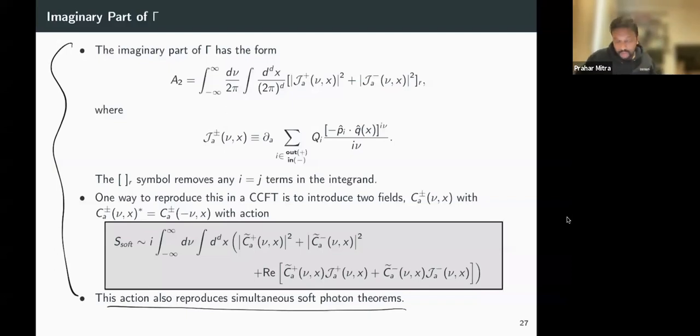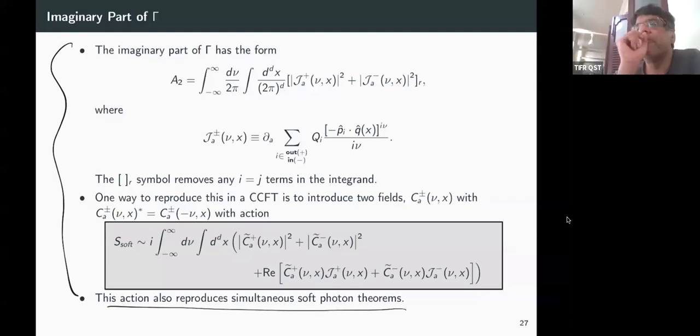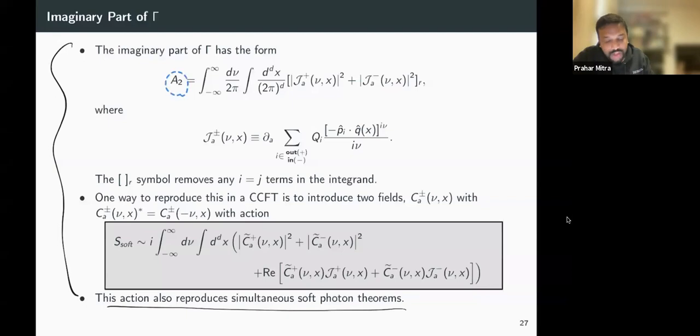What is clear is that I had to introduce two modes. Well, I had to actually introduce infinitely many modes, because the structure of A2 is such that you have two pieces inside here. One of them involves just the in states and another involves just the out states. So notice that there is no mixing between in and out states. So this is a very interesting type of structure. And then there's an extra dependence on this parameter nu, which was not there at all.